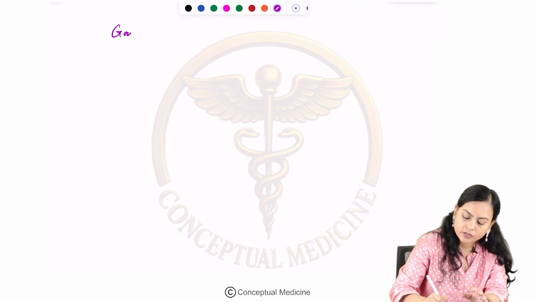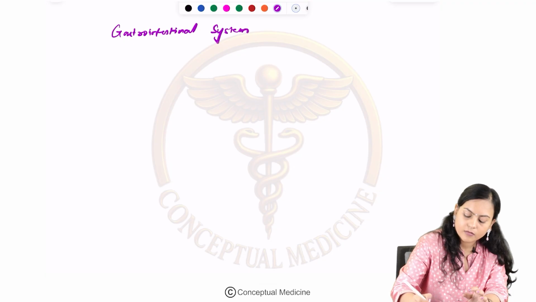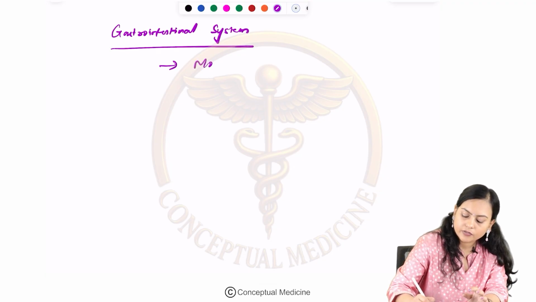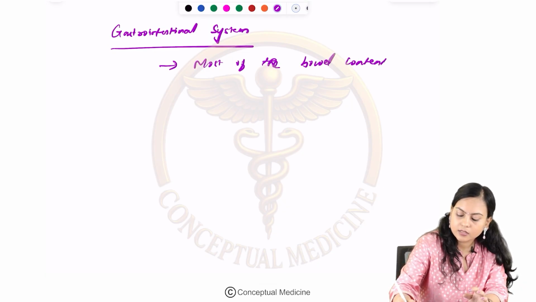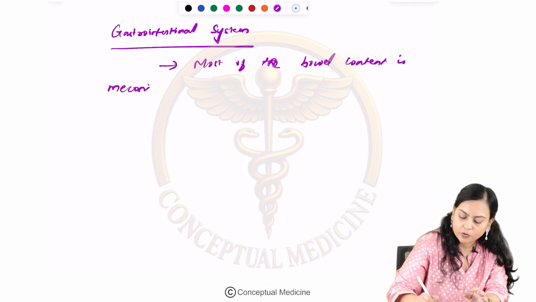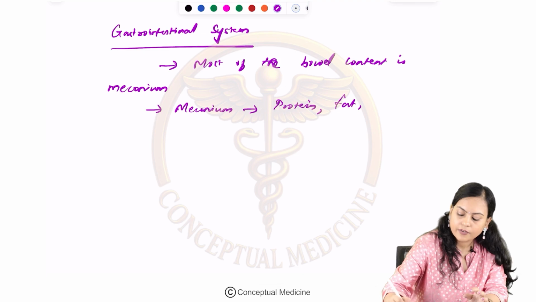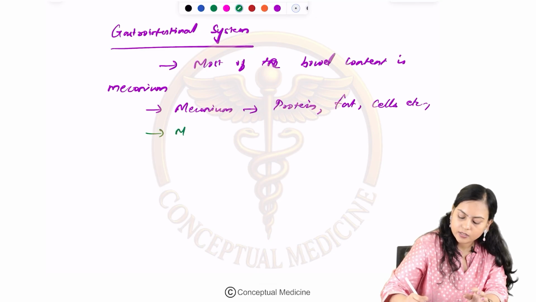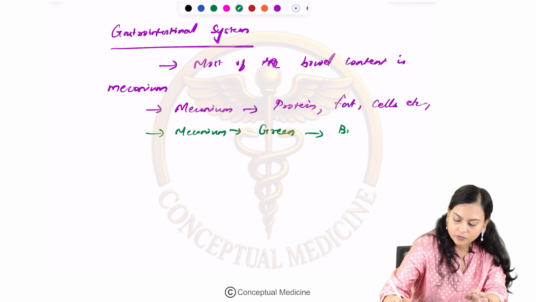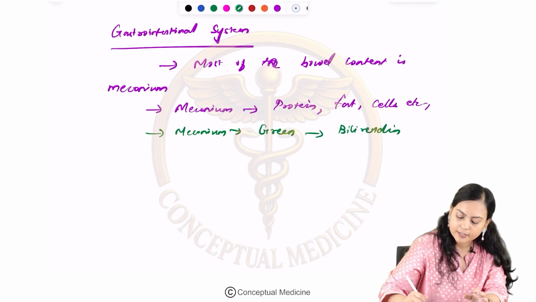Coming to the gastrointestinal system. Most of the content of the bowel is meconium. Meconium consists of protein, fat, cells, etc. Meconium is green in color due to biliverdin that is present.